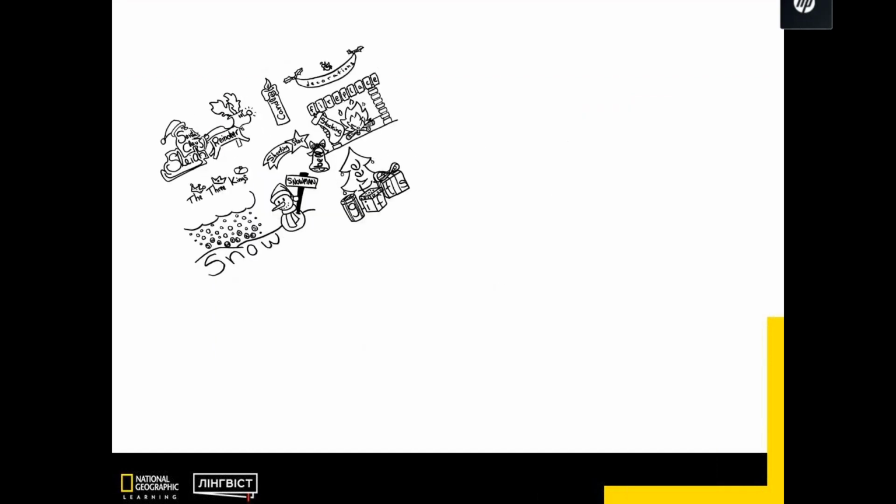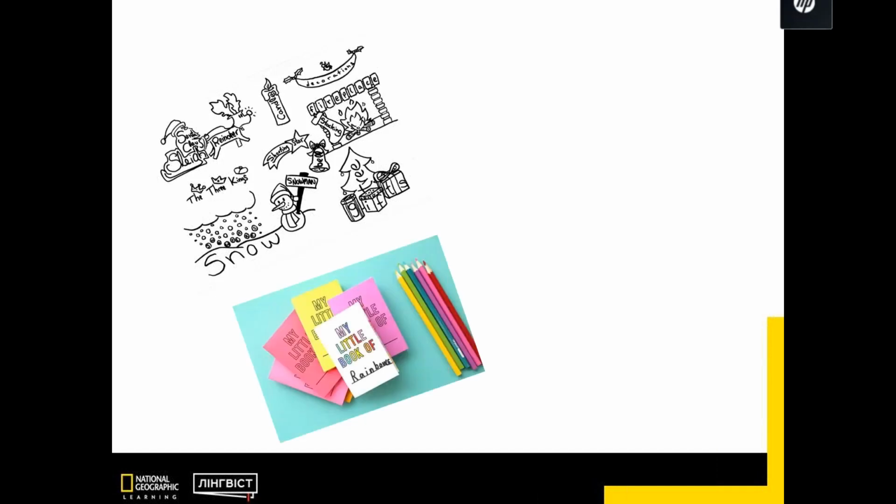Some other suggestions for how they can write. So they can create picture dictionaries by themselves, right? By making their own pictures, writing words as they want. Yeah, they can do little books, right? For numbers, for colors, maybe then to write some stories.